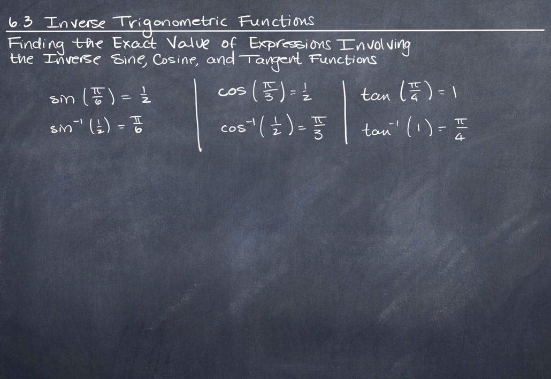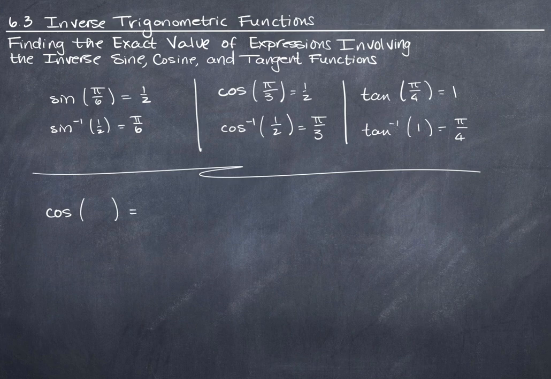There are an infinite number of these that I could do. I'm just going to do one more to kind of make a point. Let's see, do I want to do sine, cosine, or tangent? I think I'll do a cosine one. The cosine of an angle equals a ratio. And the thing is, I can pick any of my nice angles and put it here.